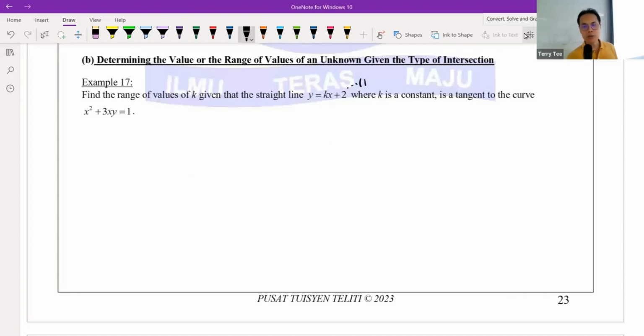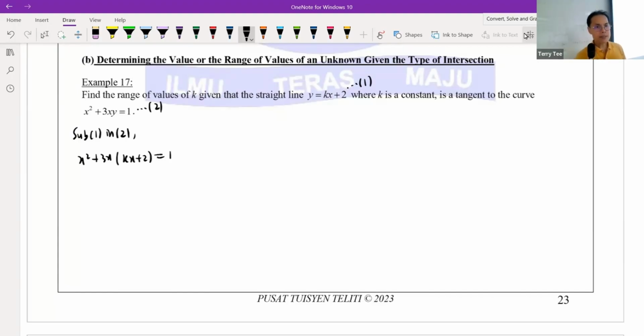Call this equation 1. Call this equation 2. We should sub 1 in 2. Sub equation 1 inside equation 2. The moment you sub inside, you don't write y anymore. What do you write? You write kx plus 2. The result equals 1.